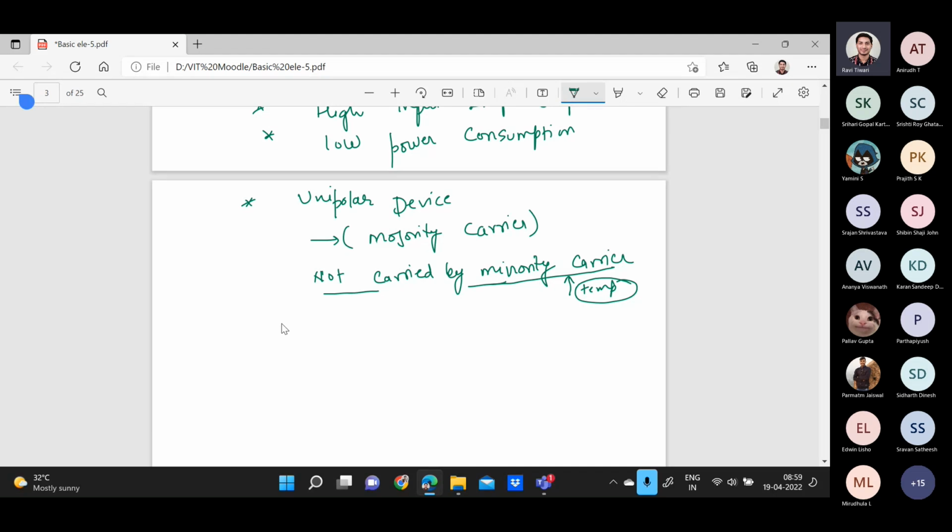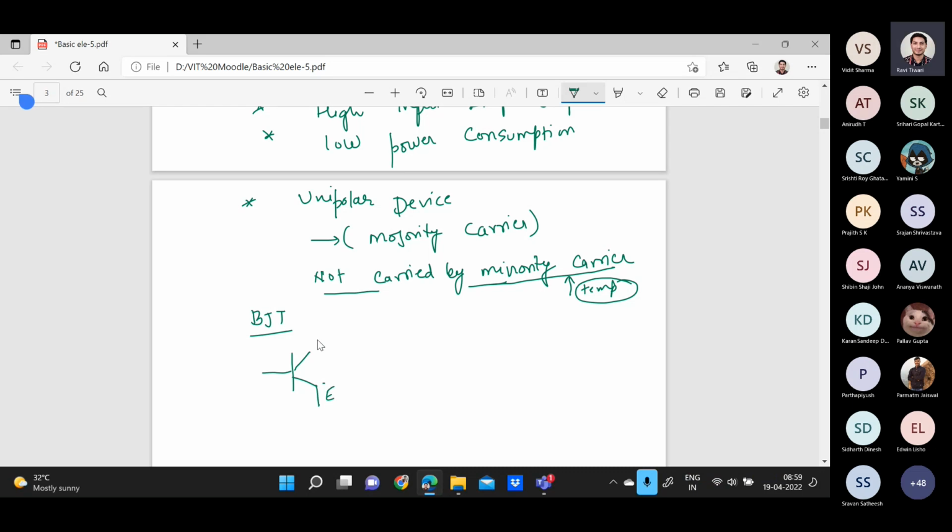So we will start just like in BJT. If you remember, we had three terminals. Tell me the three terminals of BJT. Anyone? Emitter, base, collector. Yes, emitter, collector, and base, right?